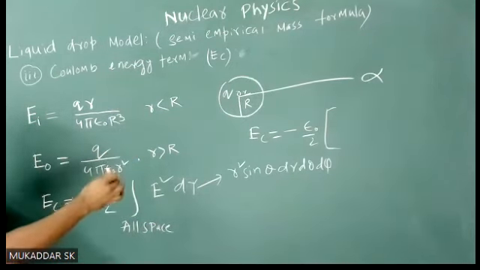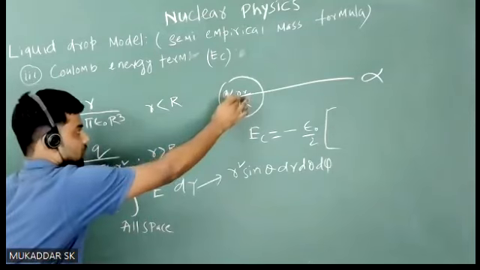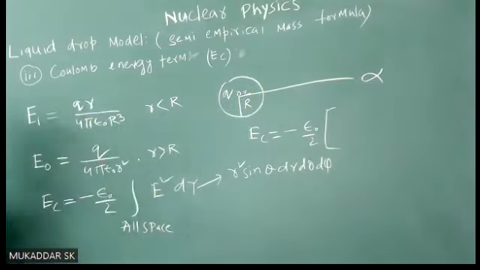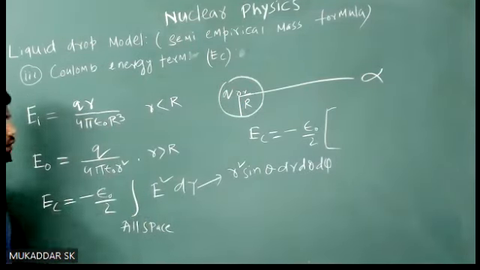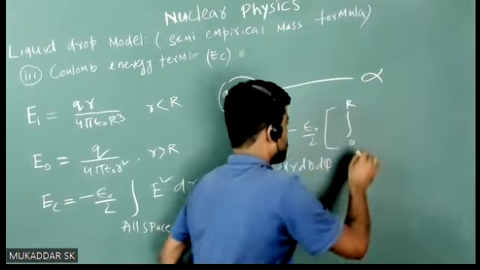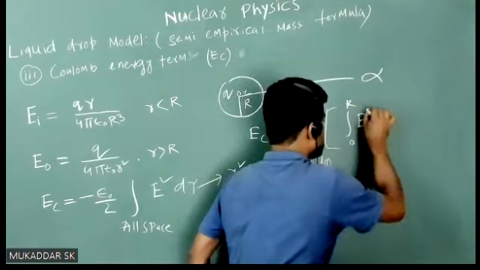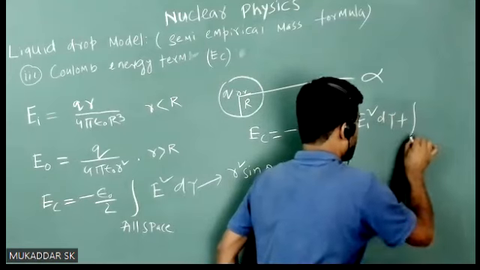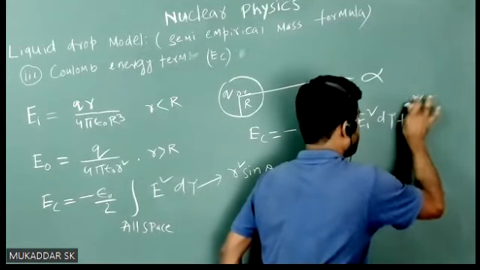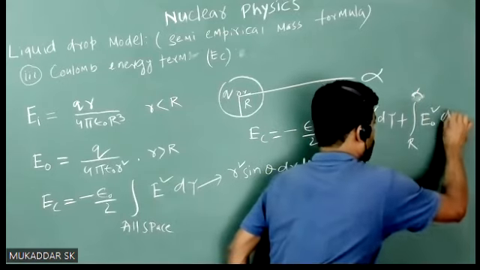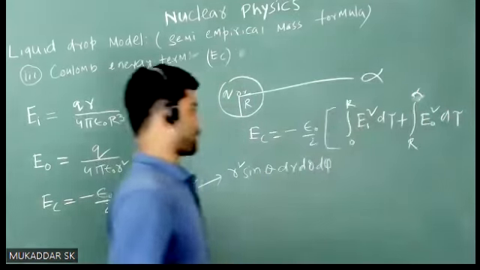The behavior of the electric field is the same from 0 to R, after that its nature changes. So we have to break the limit, from 0 to capital R of Ei square d tau plus R to infinity of Eo square d tau. Is it clear?